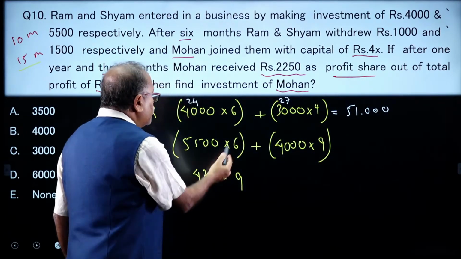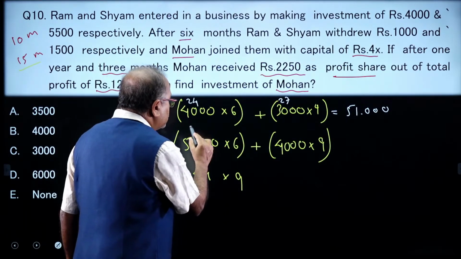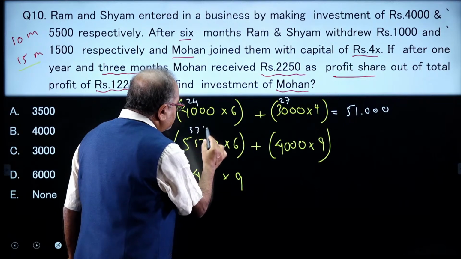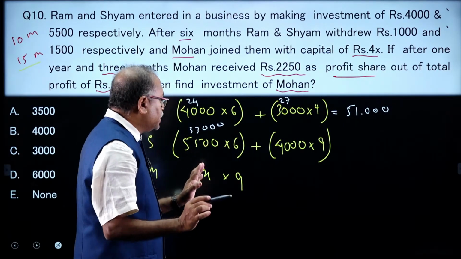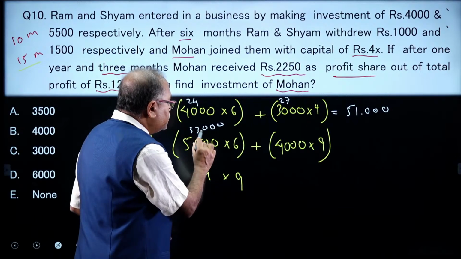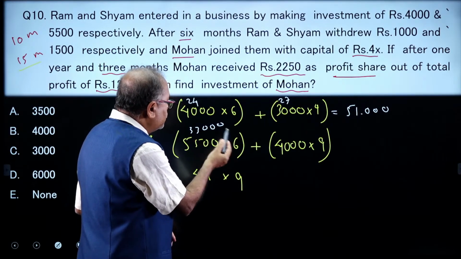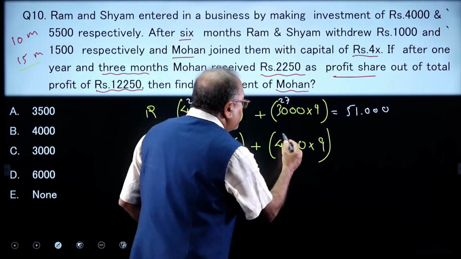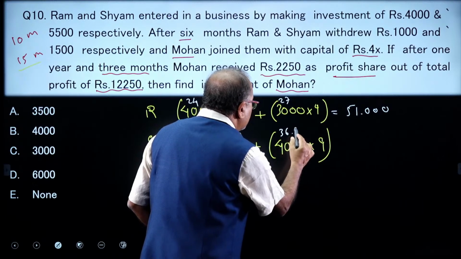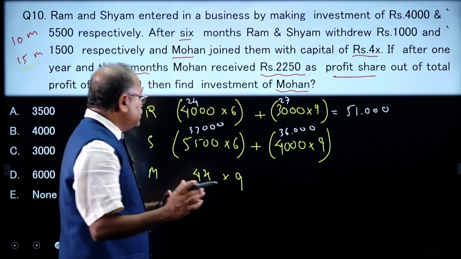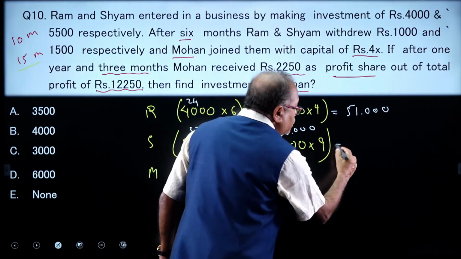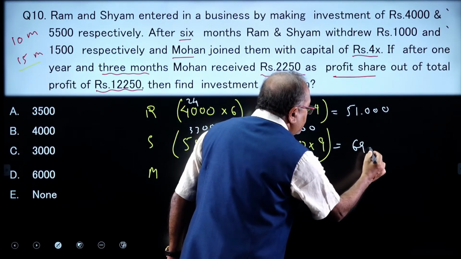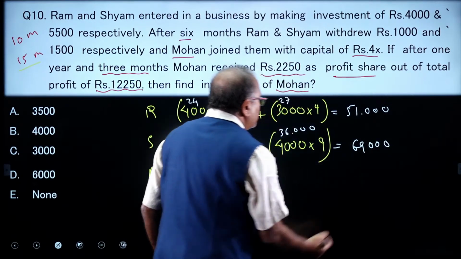Now coming over here, that is 33,000. These are all calculative parts, so I am just writing the figures. 5 into 6 is 30, and 30 plus 3, 33. And 9 into 4 is 36,000 over here. So that is 39,000, 69,000. So their total capital here is 69,000.